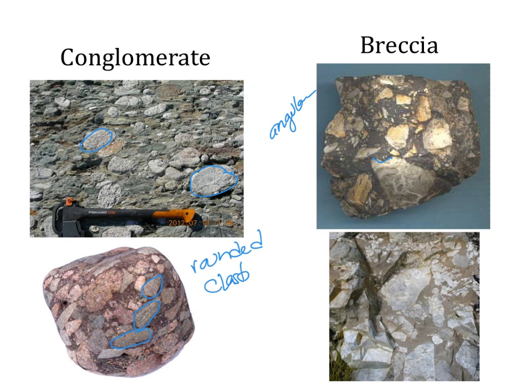So we can see sharp corners here, sharp corners here, and down here in this one as well. So they're very similar. They're both large pieces that are basically kind of glued together with a finer grained matrix, but we distinguish conglomerate from breccia by the shape of the pieces that make them up, the larger pieces.